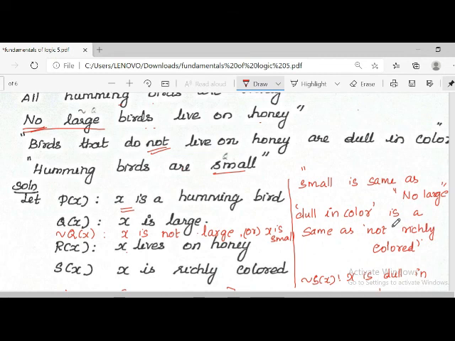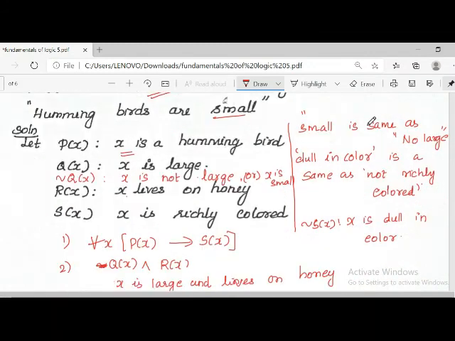So do not live on honey is negation R of x and dull in color is negation S of x. Can we apply the conditional statement? If the birds do not live on honey, they are dull in color.